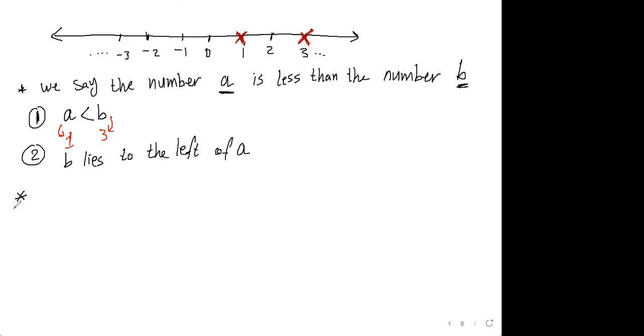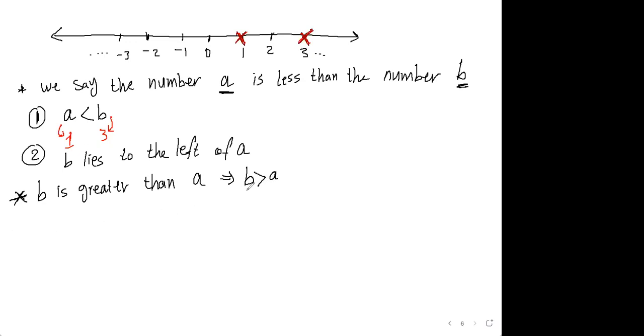Second note, we said B is greater than A. This means again B lies to the right of A, but in different words.